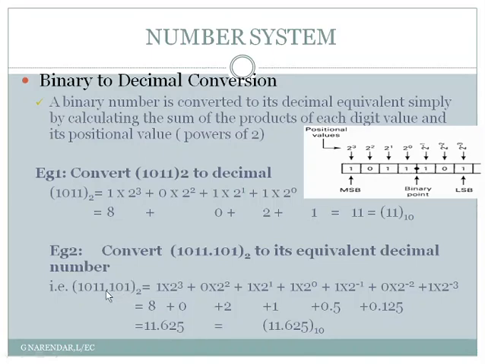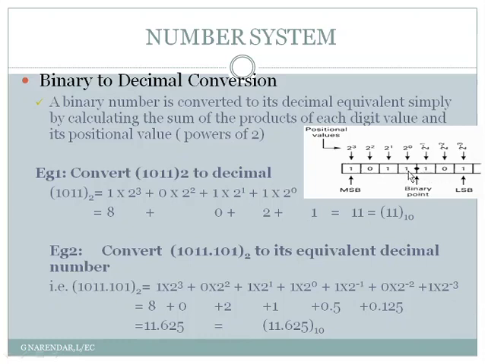So we'll check out the position values of all the digits once before going for calculation. So this is the binary point, and as we move right, the first position has position value of 2 power minus 1, and after that 2 power minus 2, 2 power minus 3, and so on.